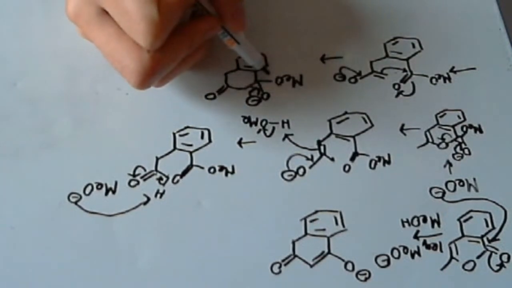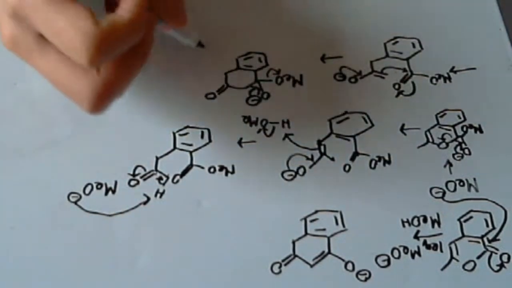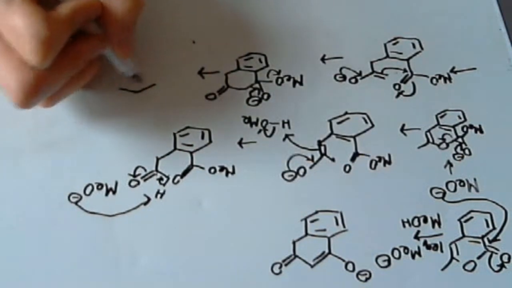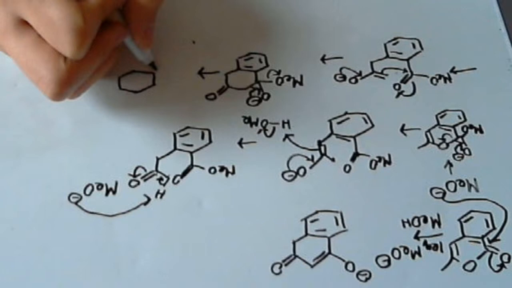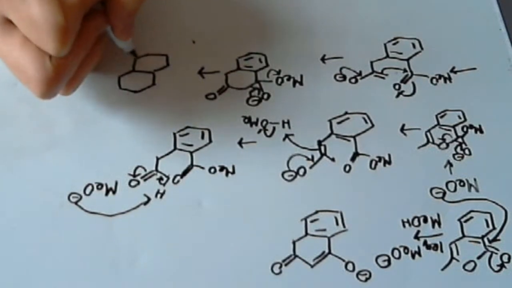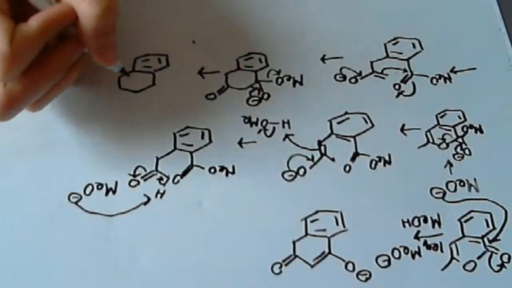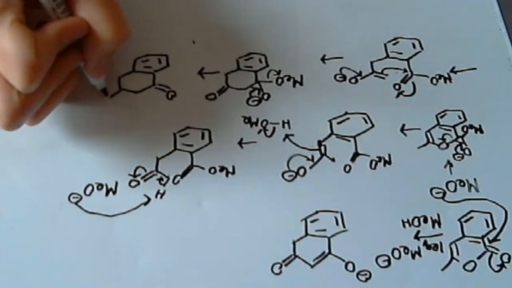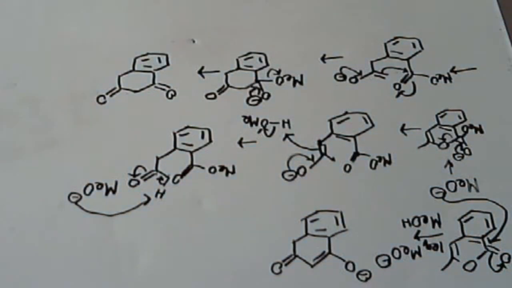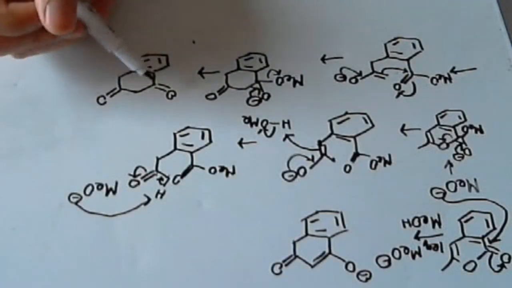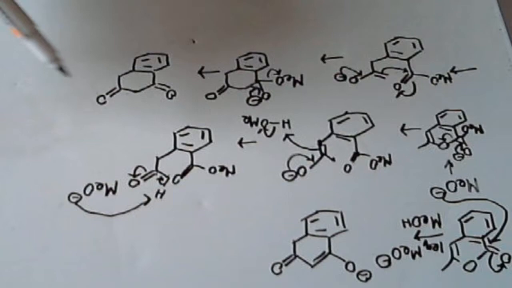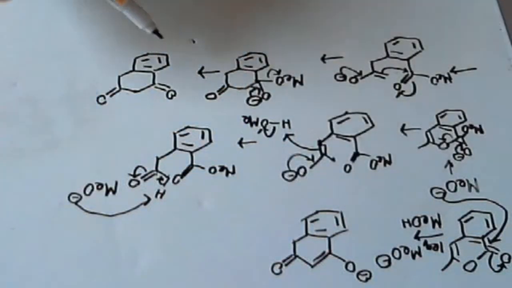So the only thing that can get eliminated is the methoxy group. Okay, now we're almost at our product, right? So what's the difference between this and that? This is just an enolate form of that keto form.